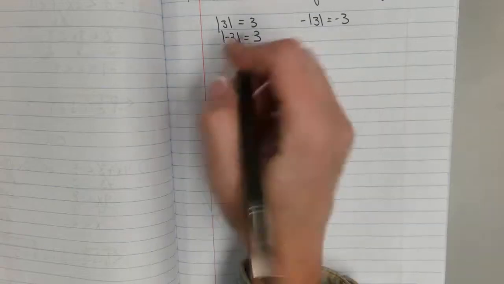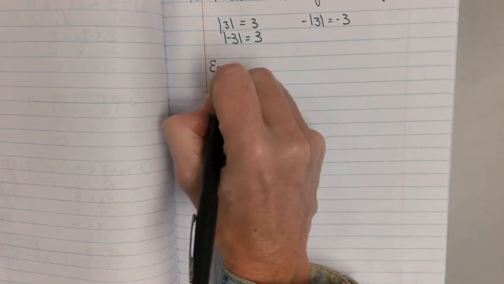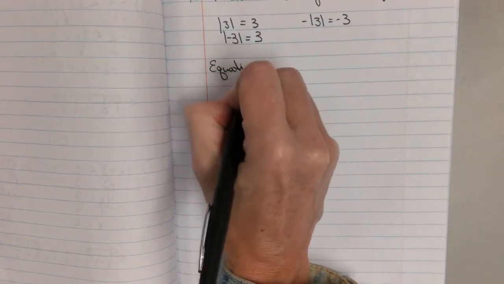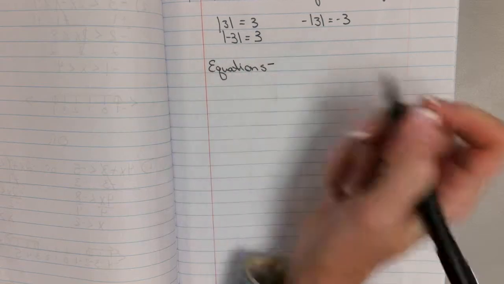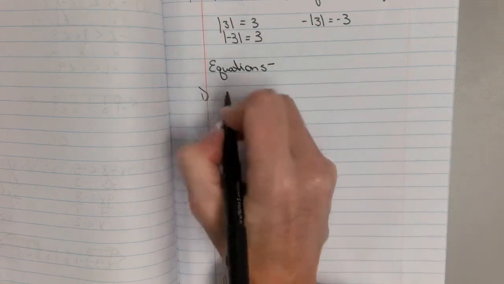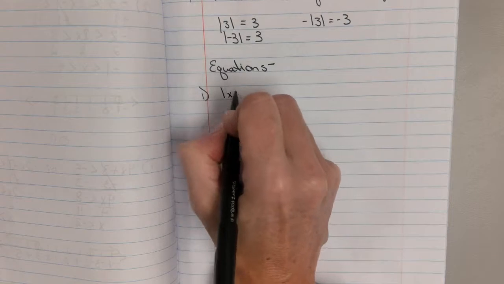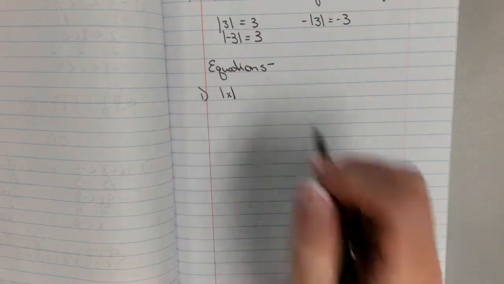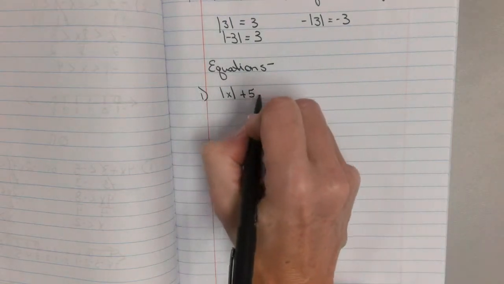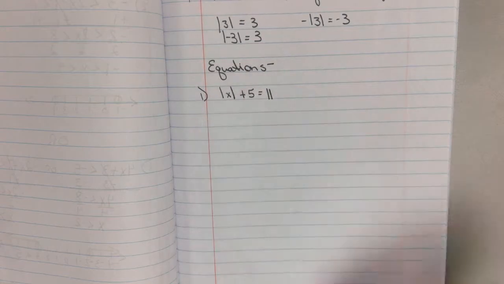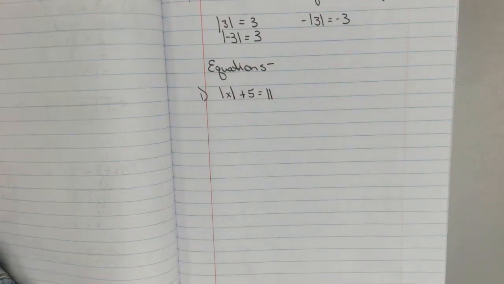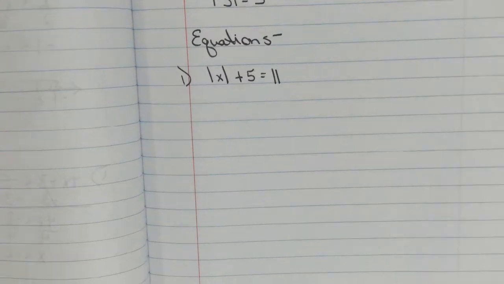All right, so let's look first at the equations. And let's just say we have our absolute value bars just around the x for right now. And this was my problem. The absolute value of x plus 5 equals 11.